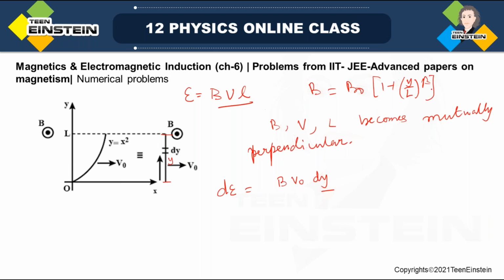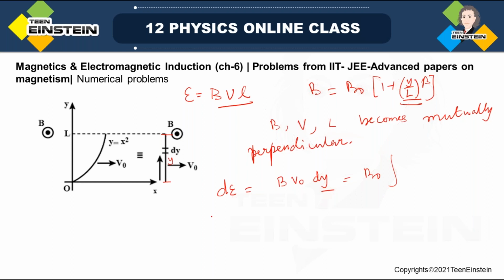So the magnetic field is changing along the y direction. This is the variation we can see, so this variation will take care of the variation of the magnetic field here. So let us write B0, and this part will be inside the integration.